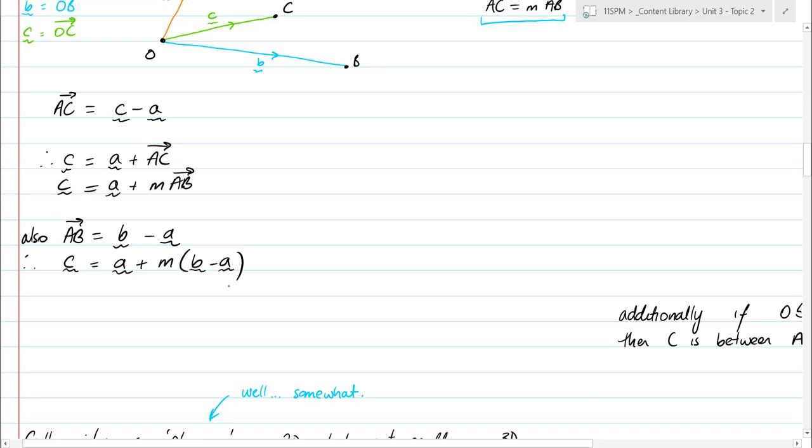If I expand that, because that scalar is constant, the distributive law works, so I can just multiply the scalar out.